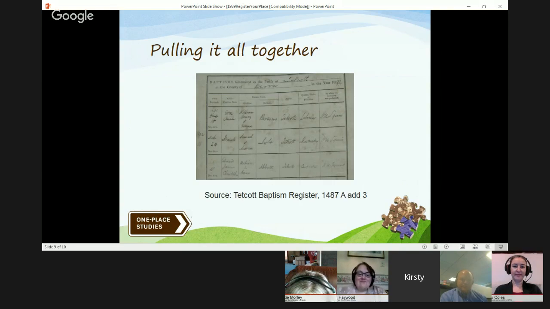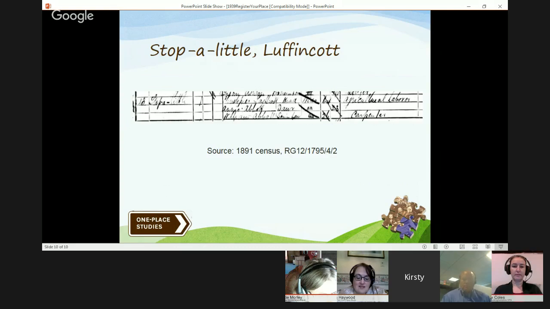But what I love about the 1939 register is it just gives you that information that you are never going to get anywhere else in that time period. So that's taking us back 10 more years just to finish off my little Stop a Little story. And you've still got a labourer, Christopher Lashbrook, Annie Abbott, William Abbott.